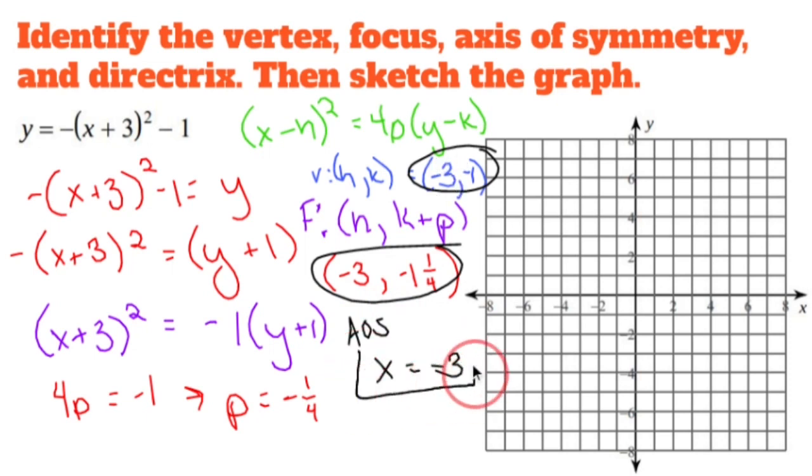Last but not least, my directrix is going to be a horizontal equation given to us by y equals k minus p. K was negative 1. P is negative 1/4. So to round things out, y equals negative 1 minus negative 1/4, which is the same as negative 1 plus 1/4, which is going to be negative 3/4.